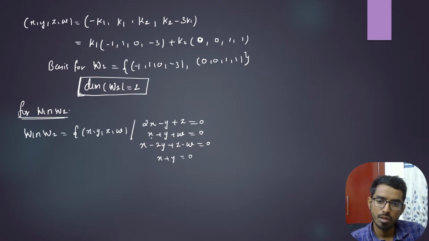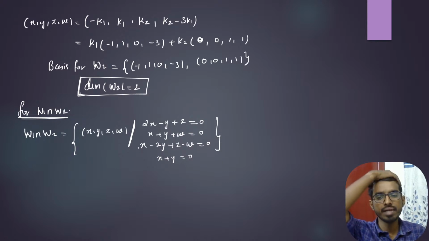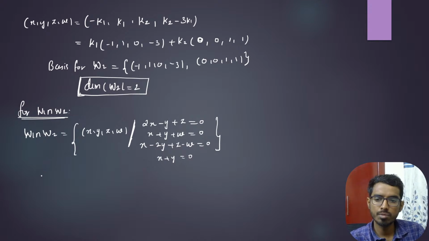Is it clear? I need to find all those x, y, z, w that satisfy both W1 and W2, so it has to satisfy all four equations. Now we will find the solution, the basis and dimension for W1 intersection W2.